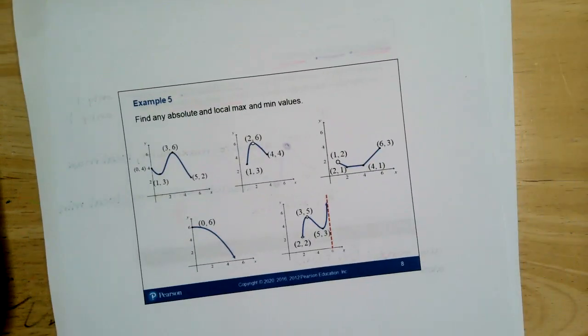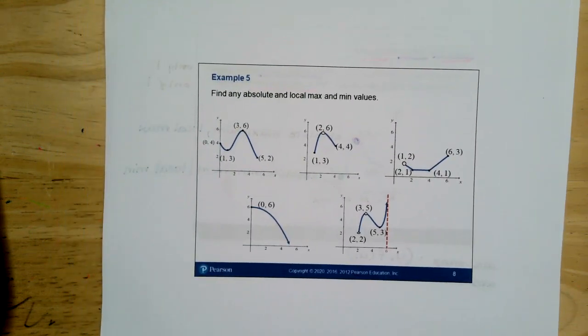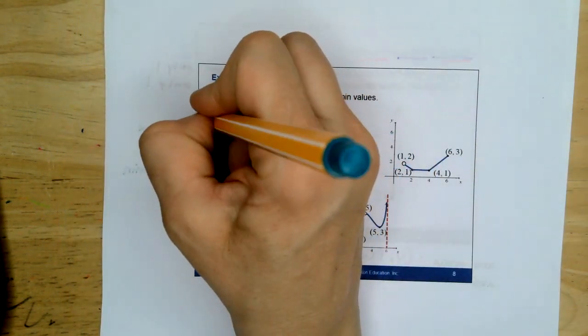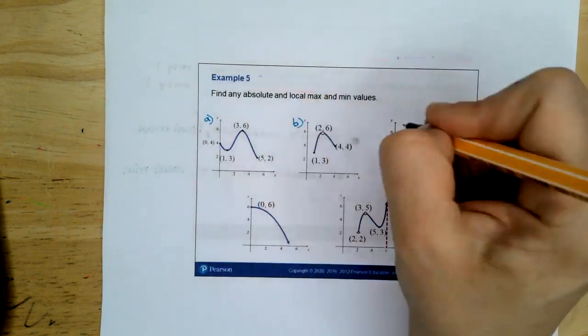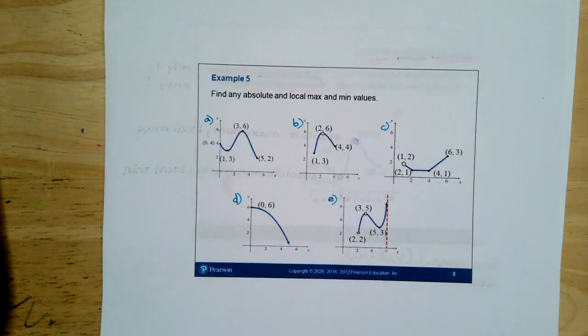So for 5, we're just going to go through, find local and absolute maximum and minimum values. Okay? So 4, I guess I need to label these A, B, C, D, and E. Yeah?